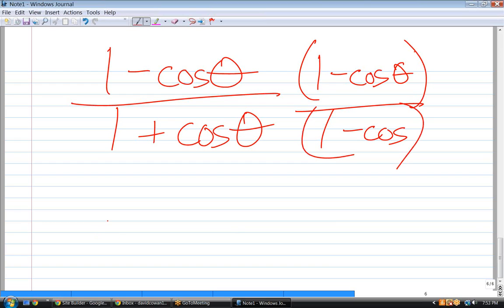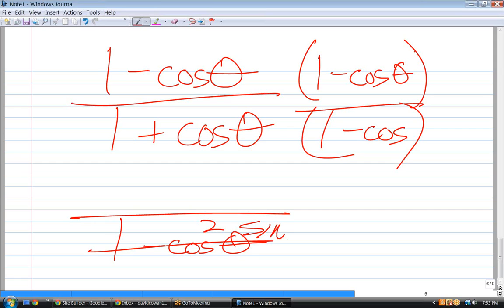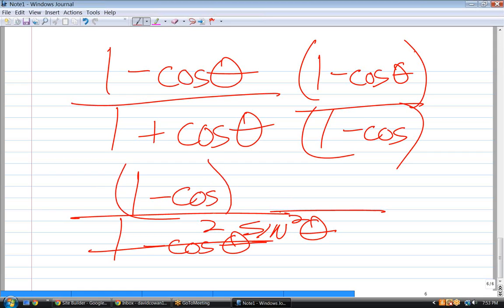And what that does is it puts 1 minus cosine squared in the bottom, and that can be replaced with a sine squared, 1 term. In the top, I have a complicated expression, but not that complicated. 1 minus cosine quantity squared. So, you know, it depends on what's on the other side over here as to how much further we'll progress.